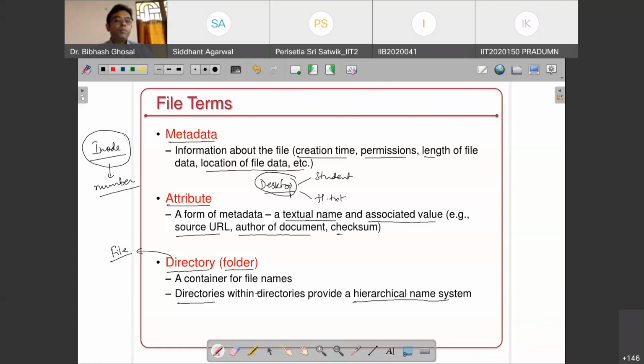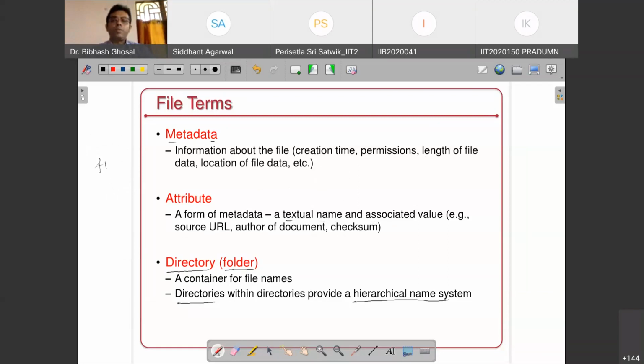Let me write it so that a file will be represented by a circle and a directory will be represented by a square. Let's say there's a directory called A within which I have F1. So if I create a file F1, there will be a directory which is enclosing it. Now every single file will have a single directory.